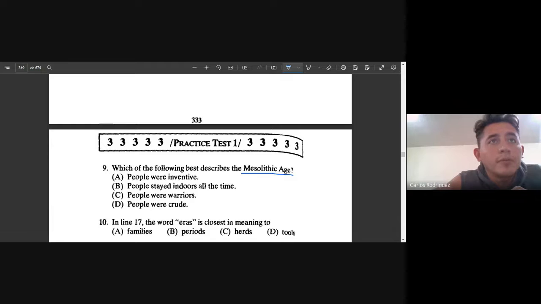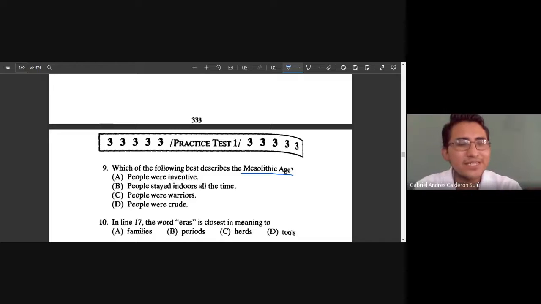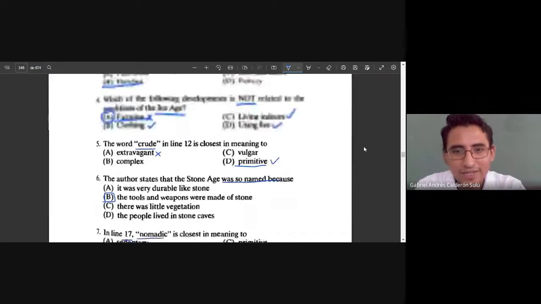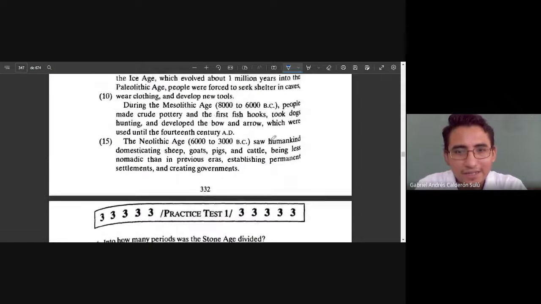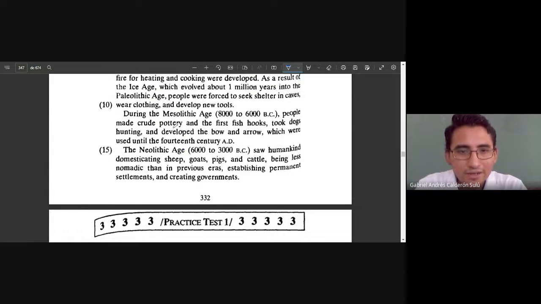People were inventive. Because warrior is like when you fight with other persons. So I think that it is inventive. Yes, because it's related to invention, it's creating. And like you said, in this age, made is creation.